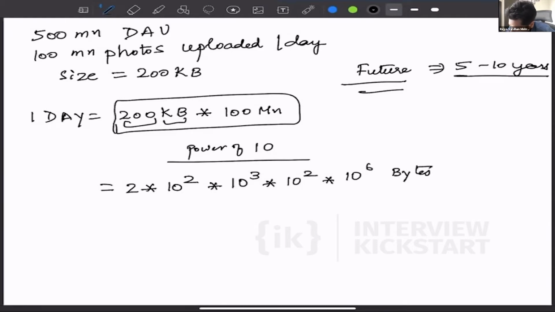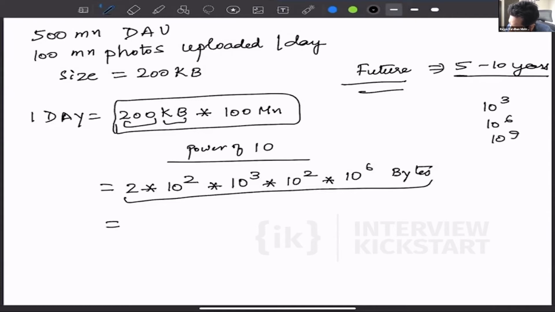So this many bytes you would be needing in a day. If we know the power table, it's 10 to the power 3, 10 to the power 6, 10 to the power 9, 10 to the power 12, 10 to the power 15. So this is kilobyte, this is MB, this is GB, this is TB, this is petabyte.